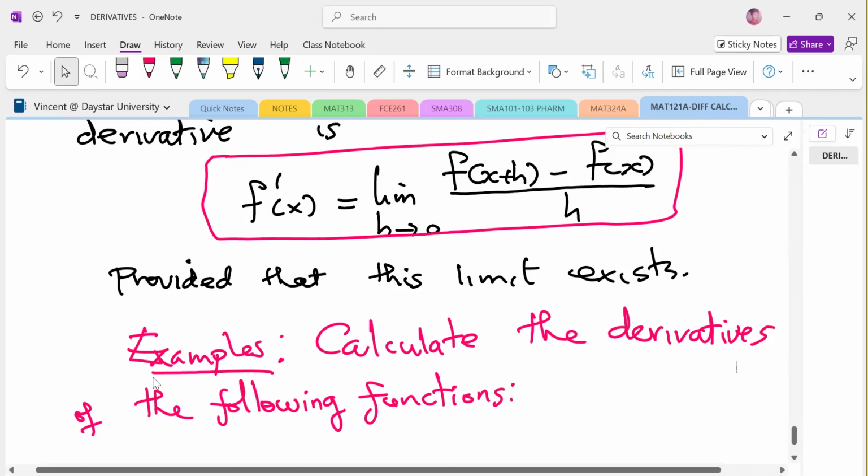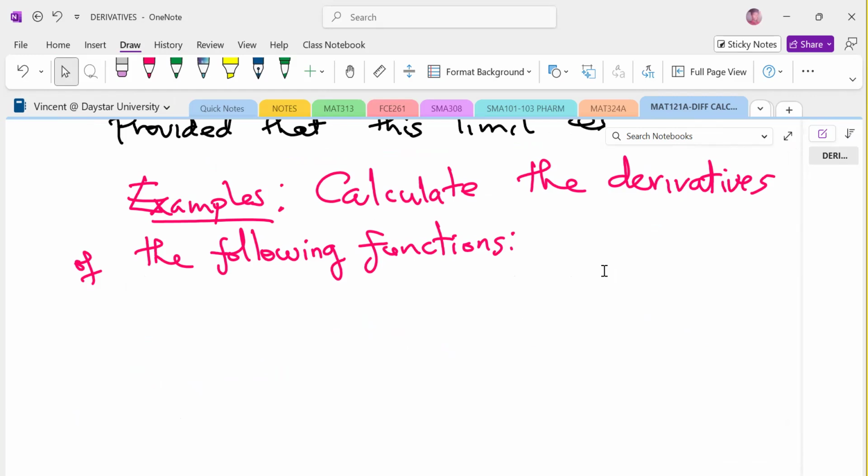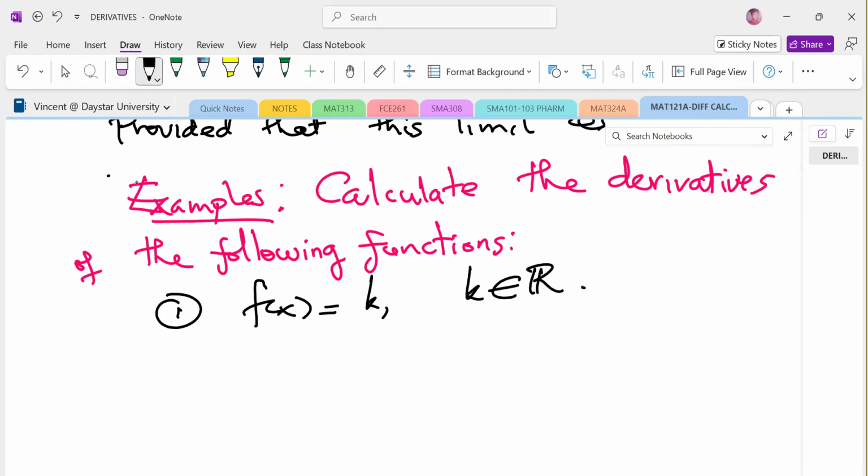So we begin with an appetizer. Say f of x equals k, where k is a real number or a real constant.